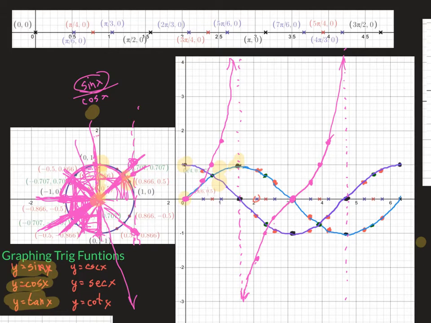What happens just beyond? Well, now sine is still negative because it's below the x-axis, but cos is now positive. So now we're going to get negative numbers. And it's going to go from -infinity, and it's going to keep following that same pattern. It's going to go up right through here, and it's going to continue along in the same way.